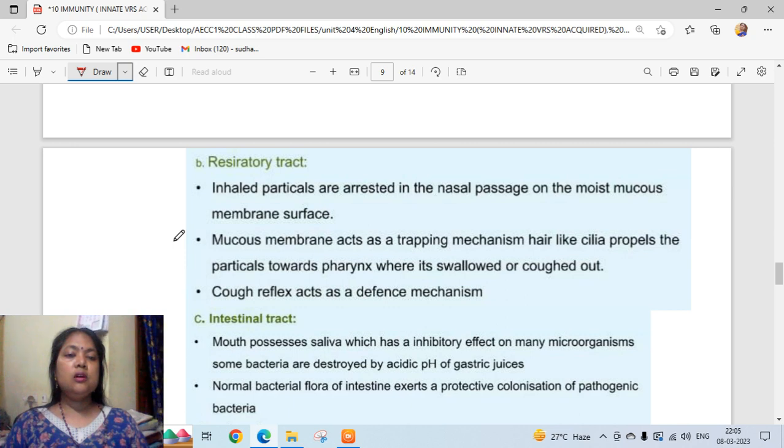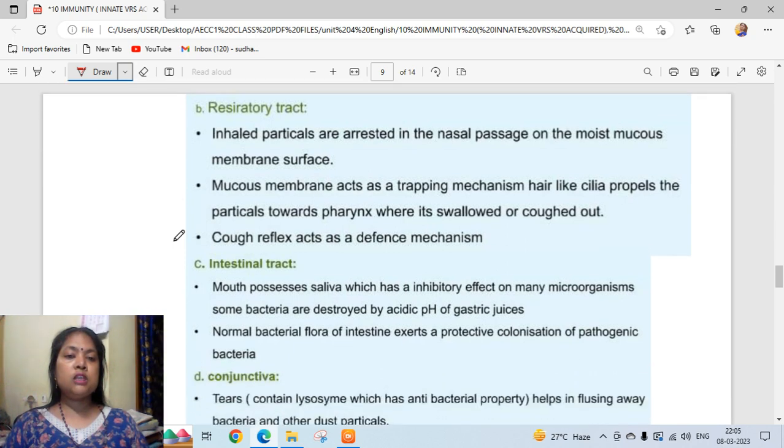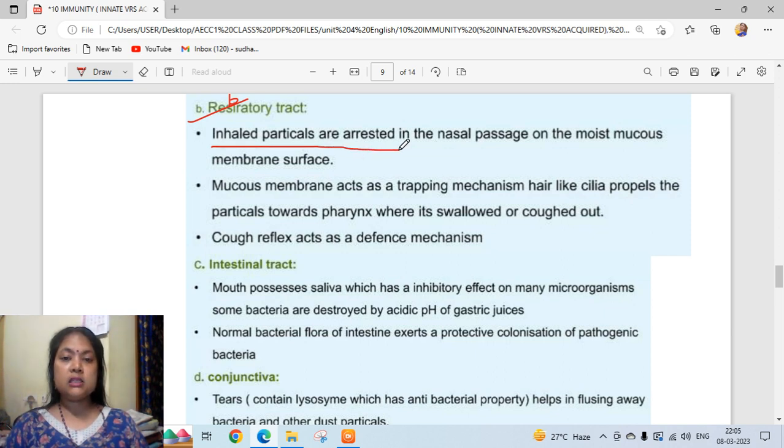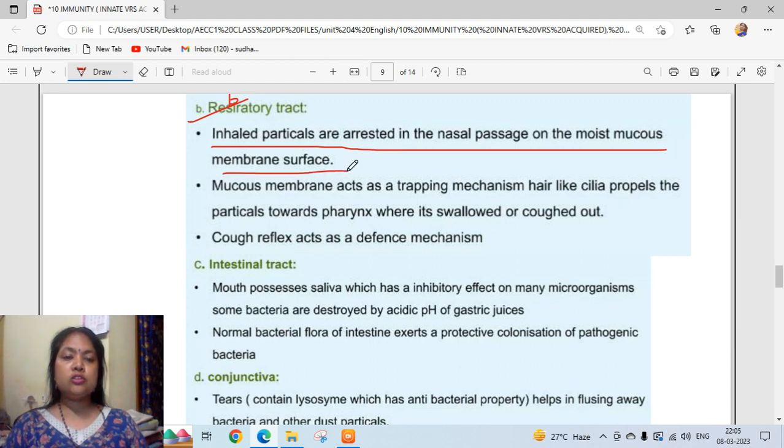Second is the respiratory tract. Inhaled particles are arrested in the nasal passage on the moist mucous membrane surface.